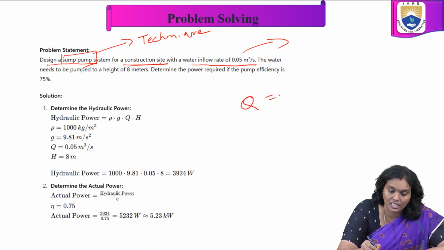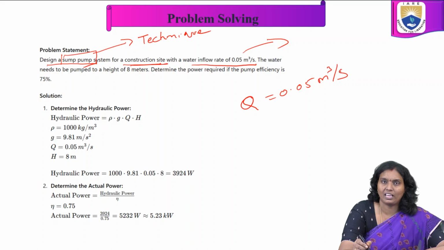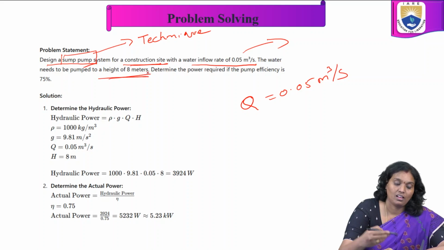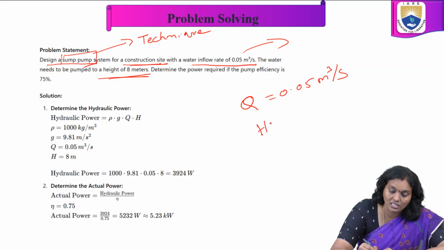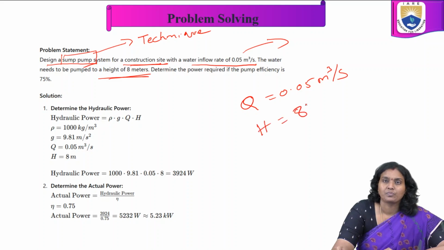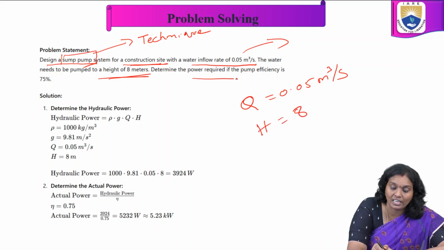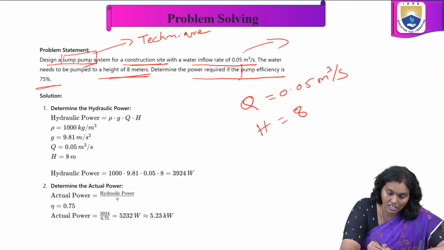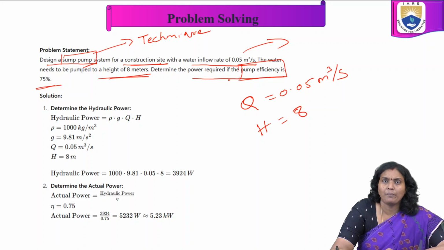This is the given data. The water needs to be pumped to a height of 8 meters. Determine how much power is required if the pump efficiency is 75%.